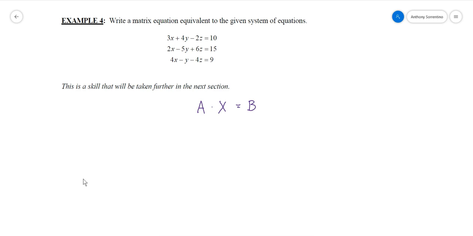A represents the coefficient matrix. X represents the variable matrix. And B is the result matrix.